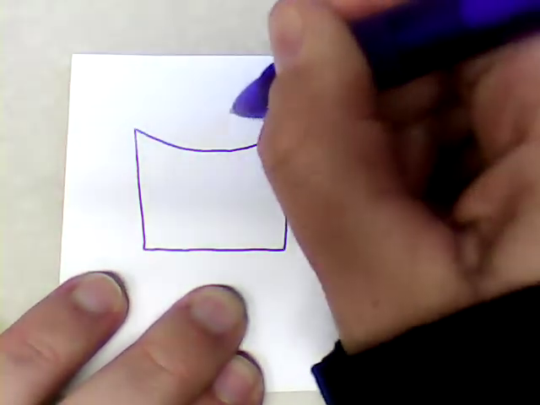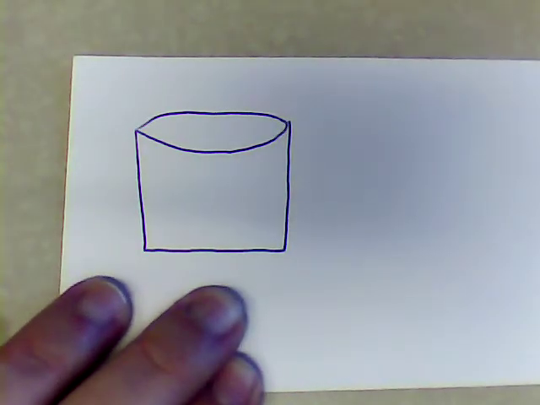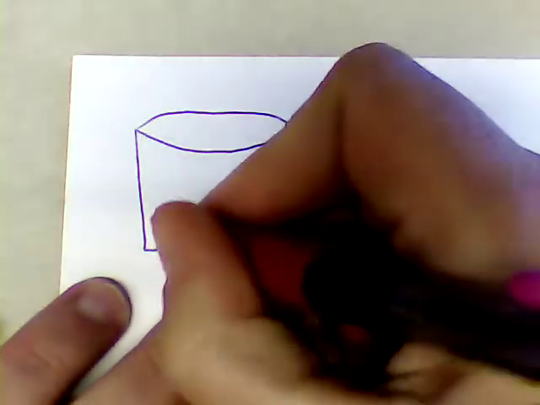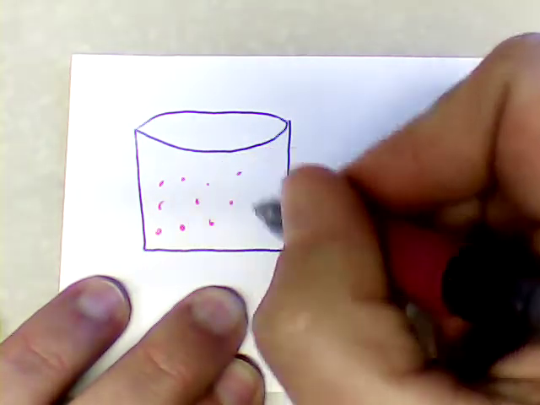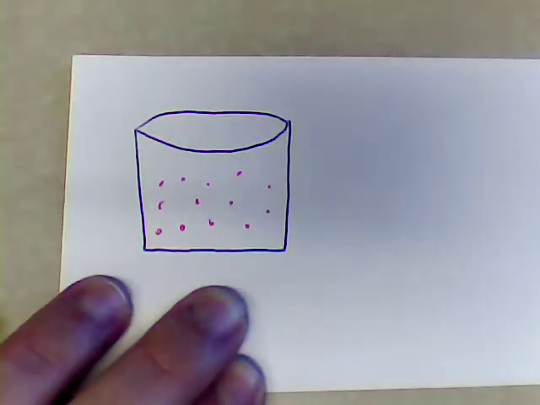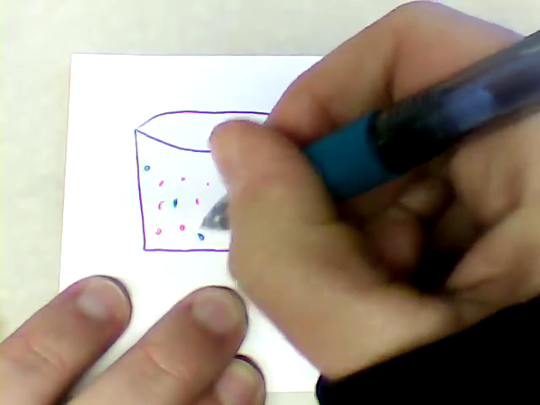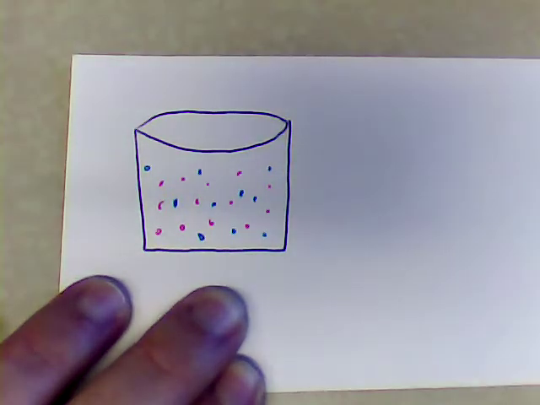Okay, and your soup has lots of different things in it. We're going to use different colors here to represent them. There's no kind of pink vegetable, maybe. I don't know. Okay, I don't think there's blue vegetables. So pretend you're making vegetable soup. So you've got all this stuff in your soup.